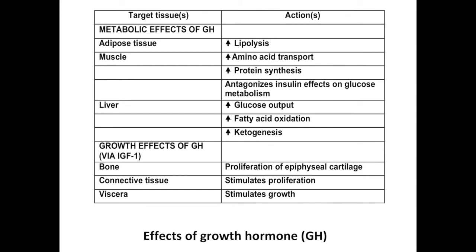So it will prevent glucose uptake, and it causes the liver to increase glucose output by stimulating glycogenolysis, gluconeogenesis, and it stimulates fatty acid oxidation and ketogenesis, which goes together with the lipolysis of the adipose tissue, and then via the effects of insulin-like growth factor, it stimulates bone formation, proliferation of connective tissue, and growth of all the viscera.